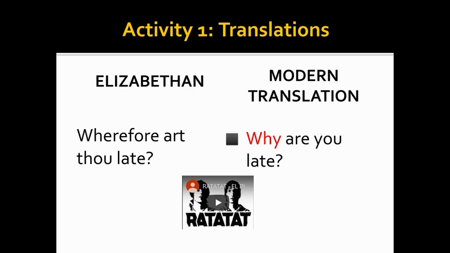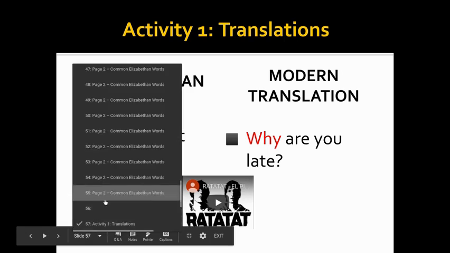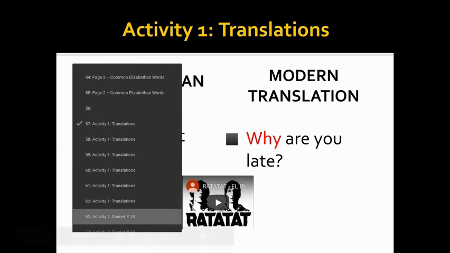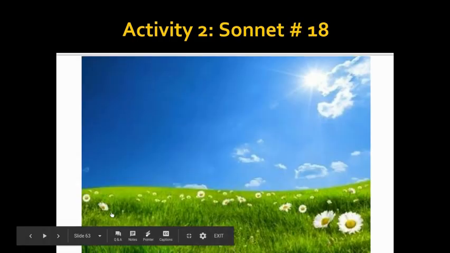The second part of activity 1 has you do it in the opposite direction. So that's one a little harder. I give the modern translation first, and then you make it into Elizabethan English. So I'm going to jump a few slides so that you can't see all of that. We will practice this a little bit more with sonnet number 18. You don't have to do anything with that.